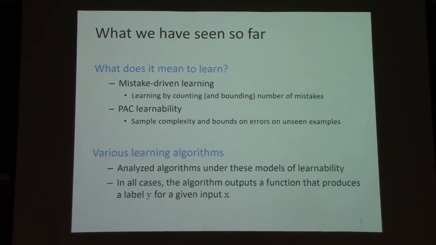And then we moved to PAC learnability. PAC is a different way of asking the same question: what does it mean to learn? The way we answered it was with a formal definition. A concept class is learnable if you have this many examples, for instance, and you define learnable not in terms of exactly getting the answer right, but allowing an error of some epsilon.